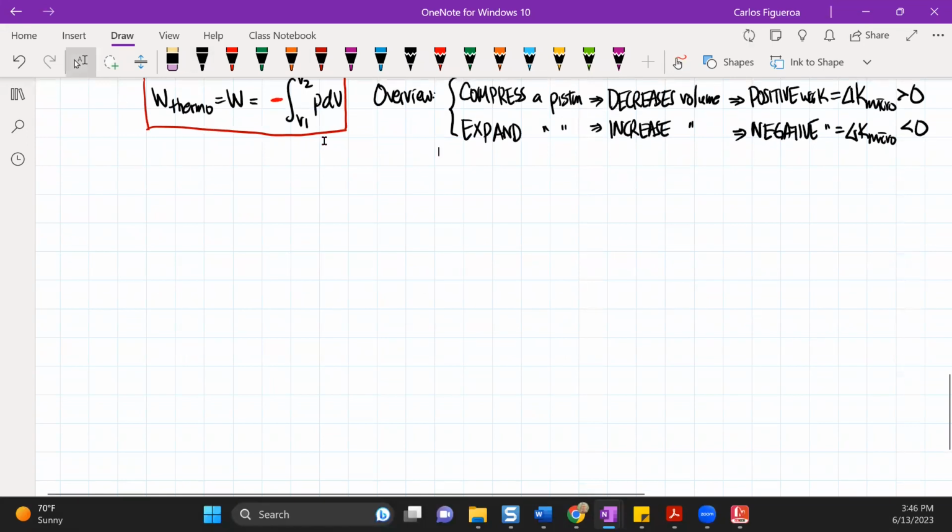So let's write this out. If I have a decreasing volume, which is a compression, a decreasing volume increases K micro.